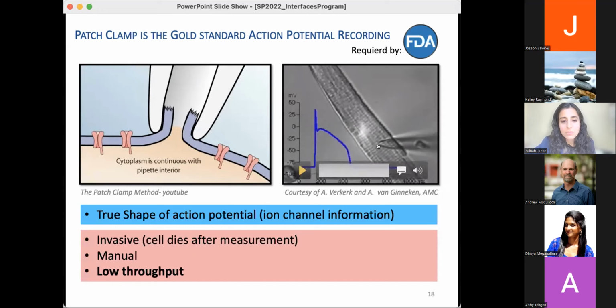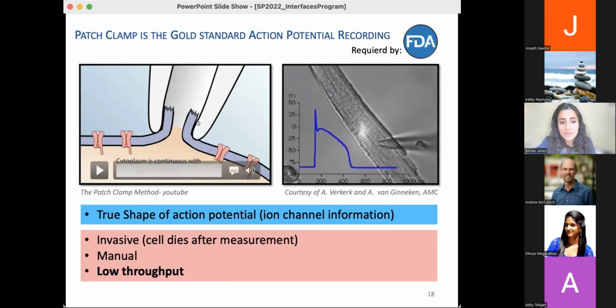When you do these measurements, the cell dies afterwards because this is an invasive method, because of this large pore that is created inside the cell. It's extremely manual, so you have to approach the cell under the microscope and patch onto it. And so you can imagine how low throughput this method is.